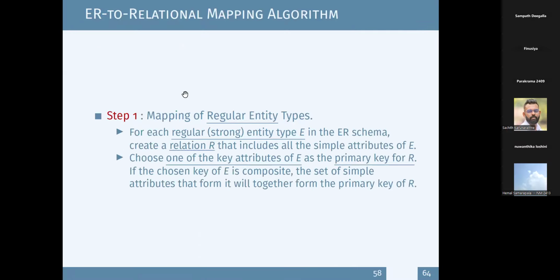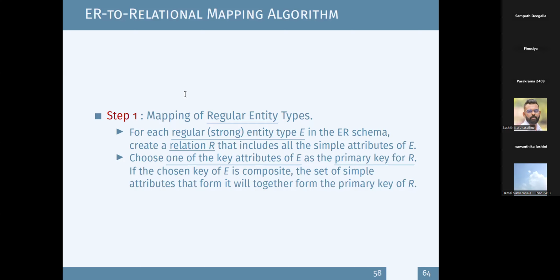Right. So that's the first step. And then we have to define primary keys. Remember, in entity types, we don't discuss primary keys. What we discuss are key attributes. Key attributes means unique attributes. But we have to choose one of the key attributes as a primary key, because we know that in relational databases, you have to have a primary key.